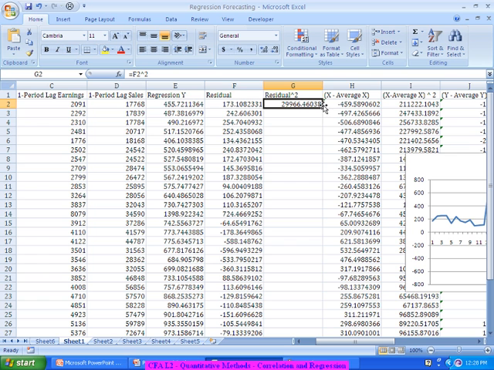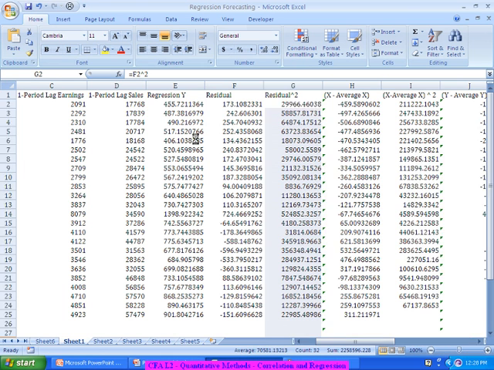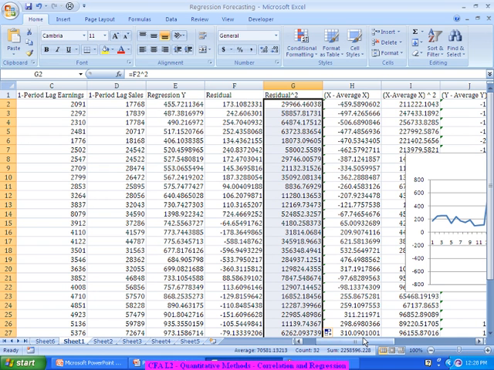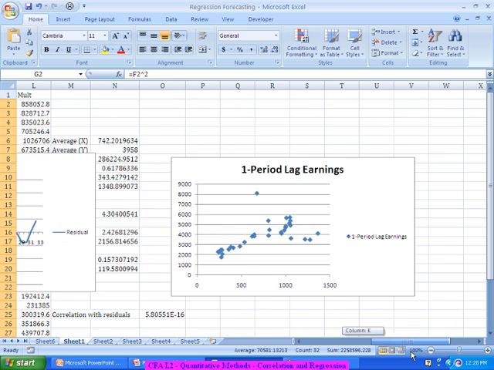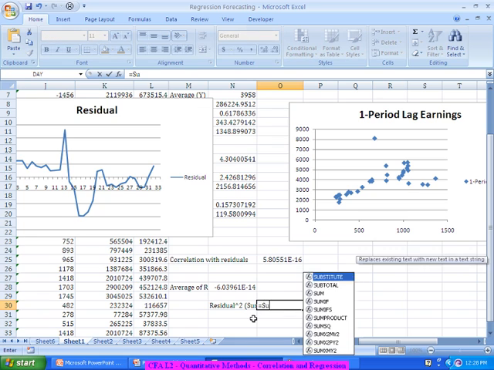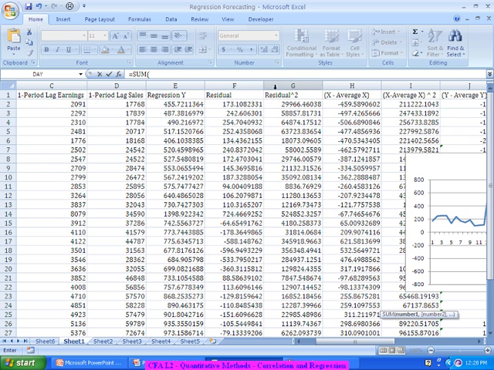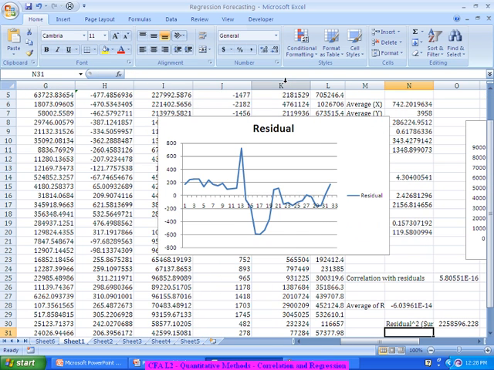When I sum up all the residual squares, the sum of all the residual squares is coming out to this number, 2258 something.